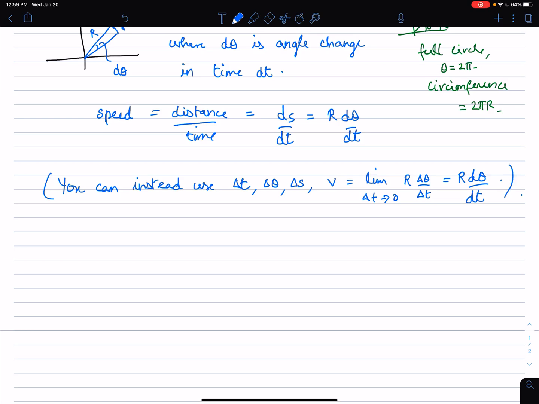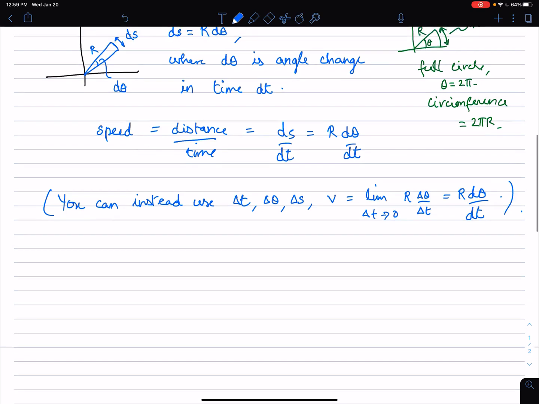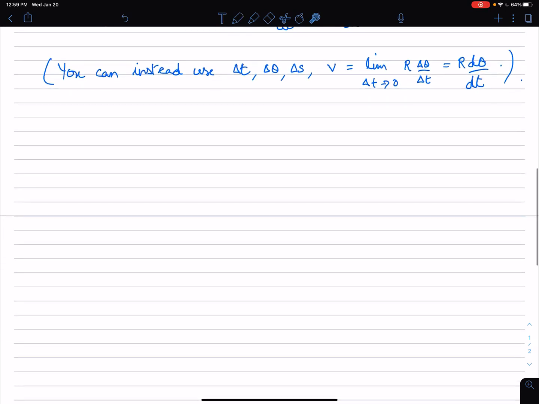Okay, so that's just an aside. So this is an important relationship: v equals r d theta by dt, or v equals r theta dot.